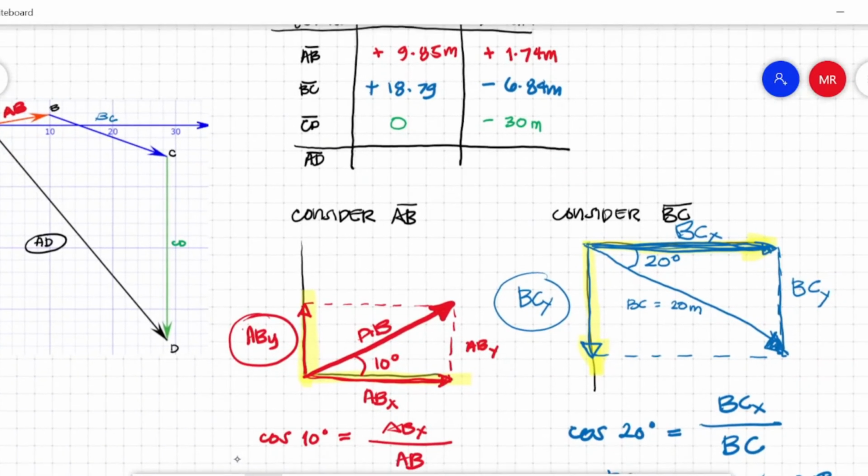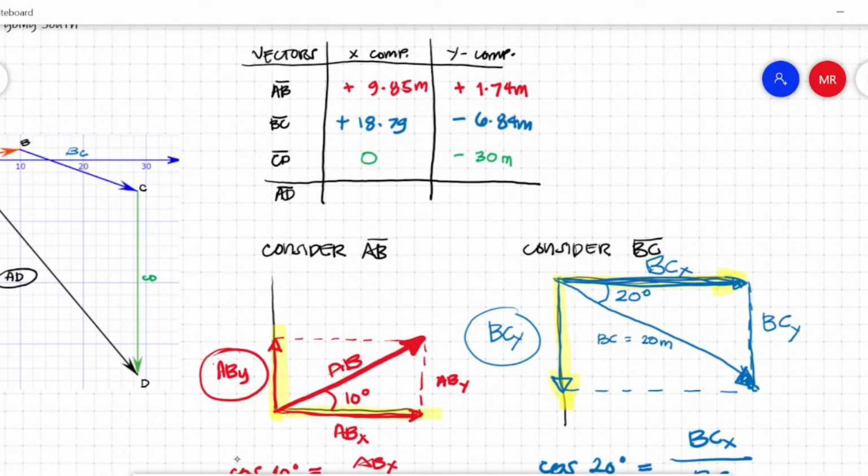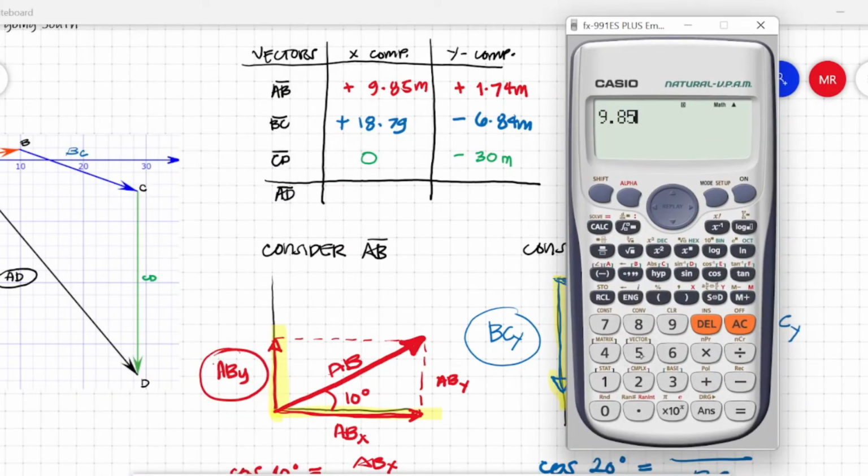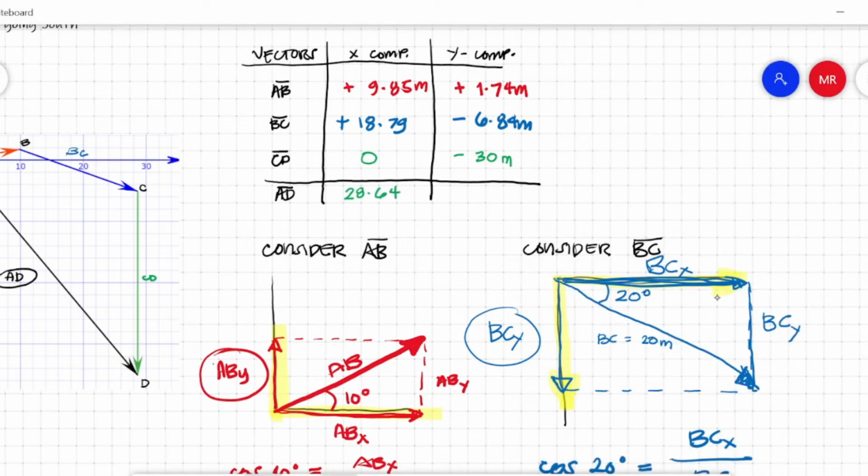So, kung i-add natin yan, let's add the X components and the Y components. We'll have 9.85 plus 18.79. That answer is 28.64 meters.